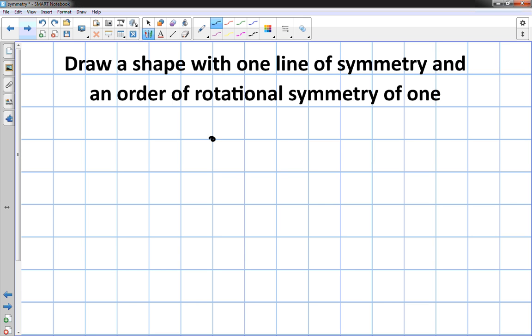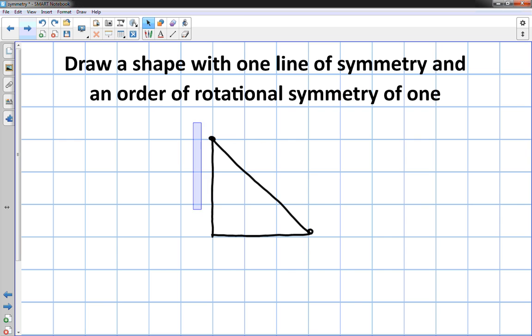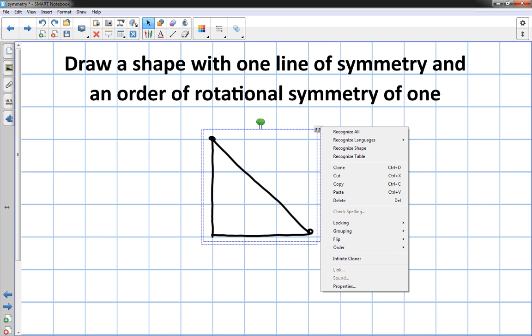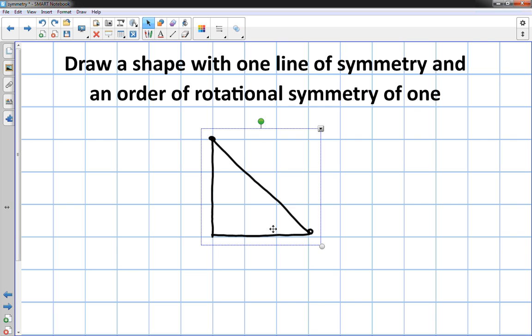I think that right triangle does that. Let's find out. Okay. Let me group this. Okay, let's do one problem at a time.